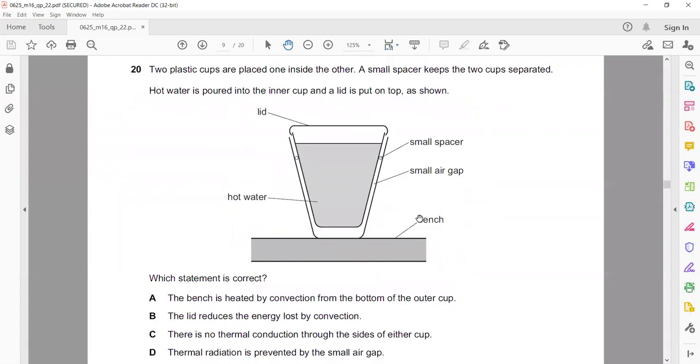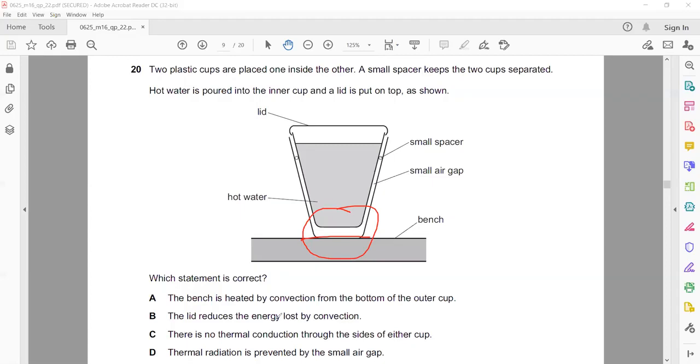Question 20. The bench is heated by convection from the bottom? The bench is not heated by convection when two surfaces are in contact with each other.